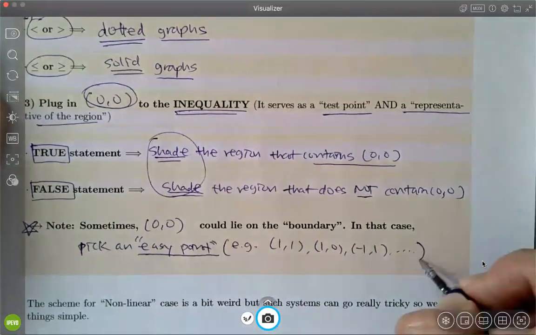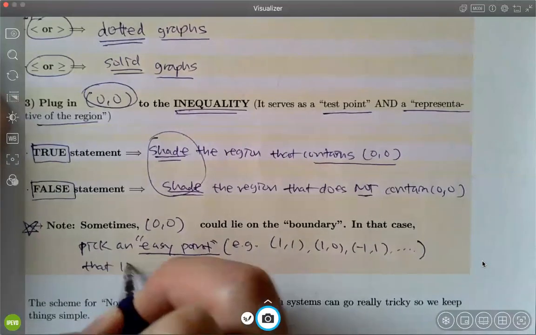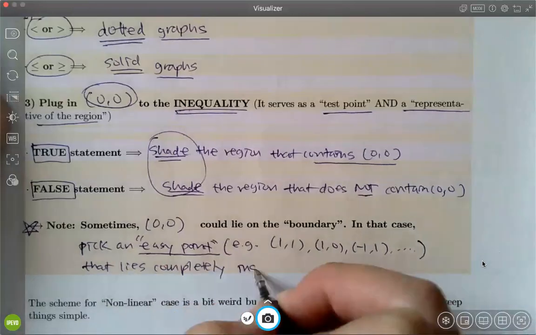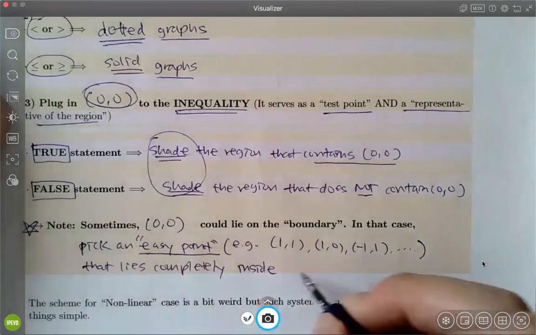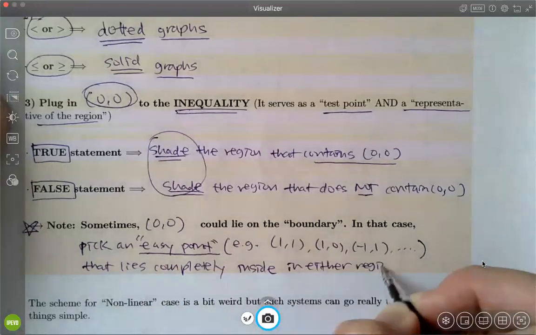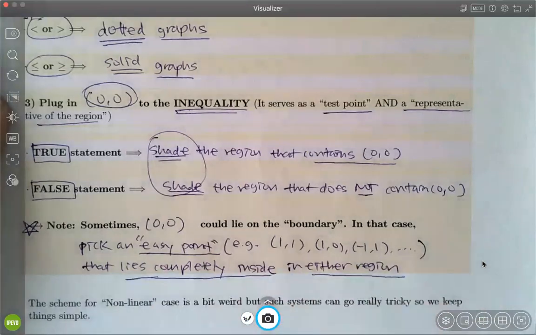Okay, pick an easy point that lies completely inside either region, and then plug that into the inequality.